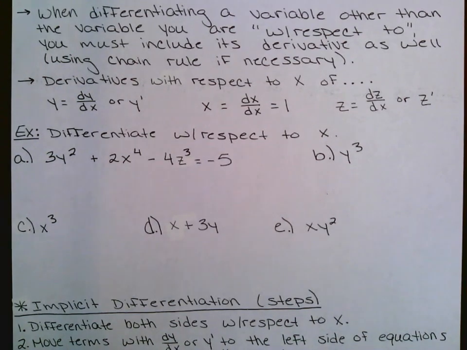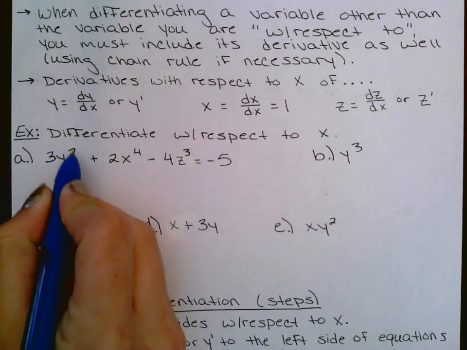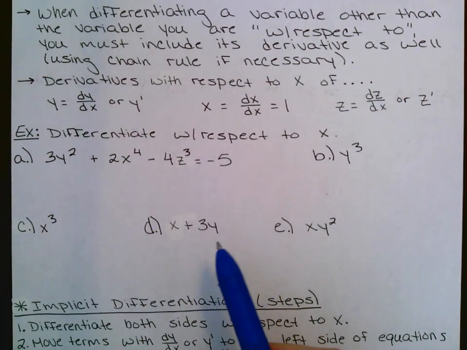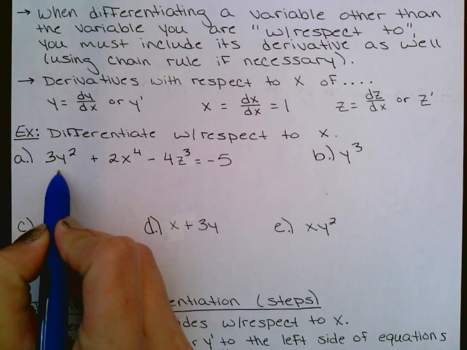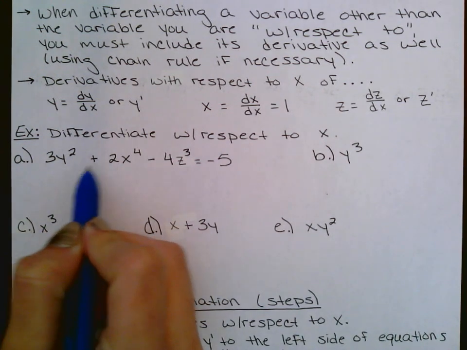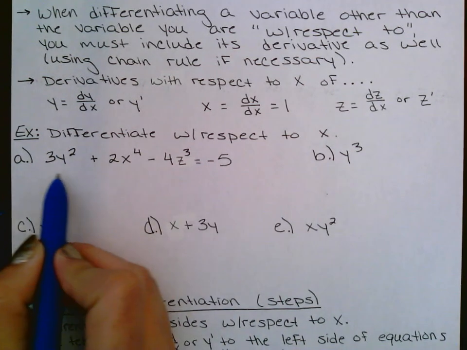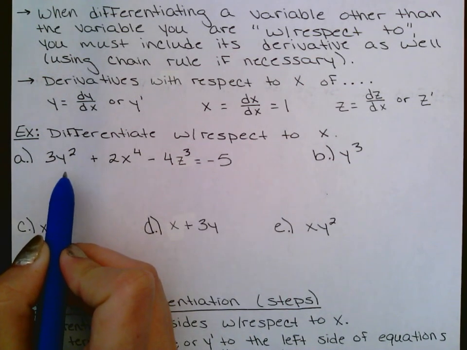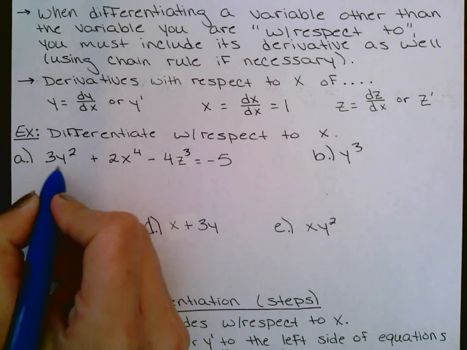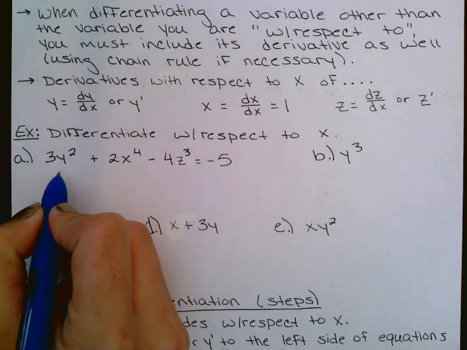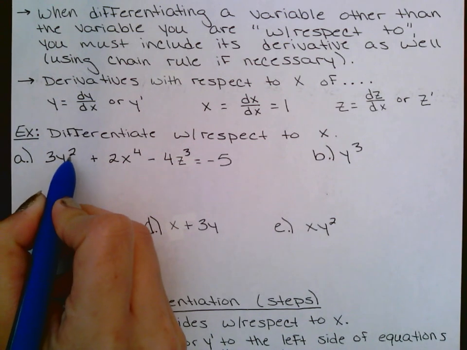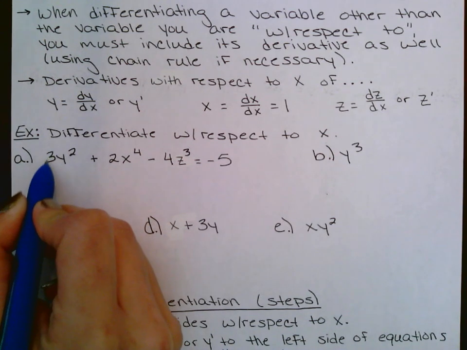Okay? So if I were to do these derivatives with respect to x, I'm going to take the same rules that I've learned in the past, that each term has to get dealt with one at a time, okay? So I'm going to do this term first. You are going to treat this as a regular power rule, okay? And the book says to treat it as a chain rule because if I do derivative of the outside, I'd multiply the 2 to the front.